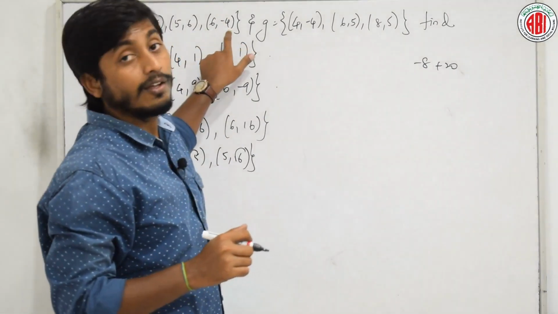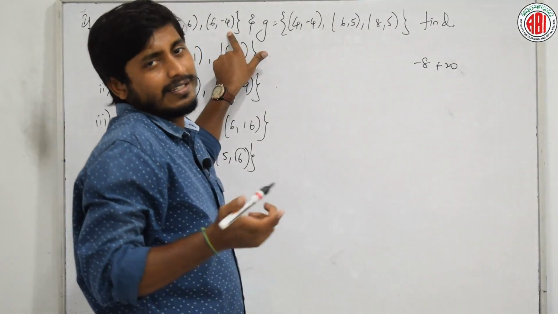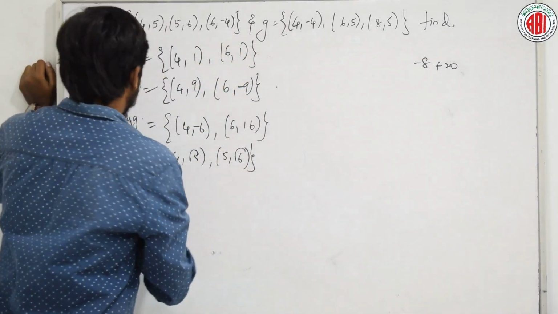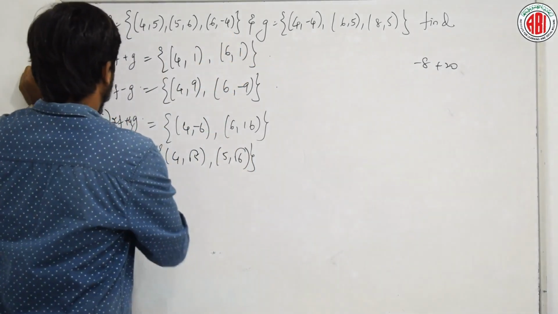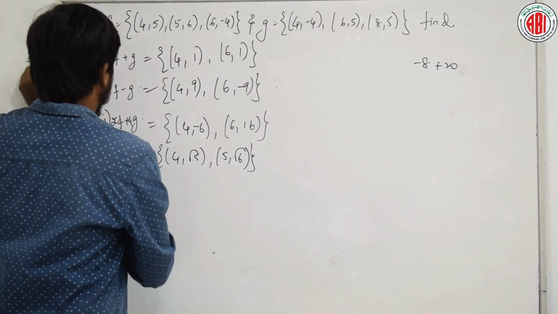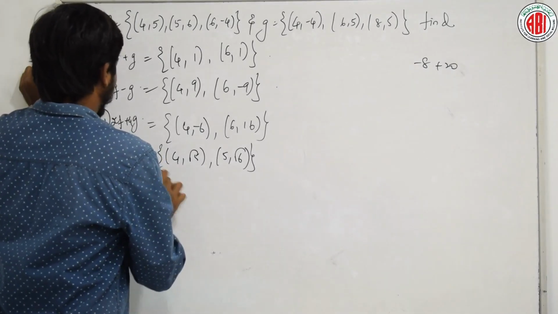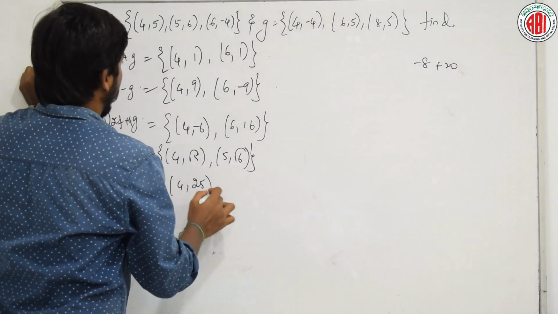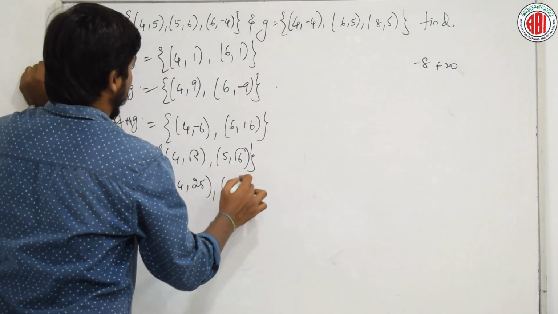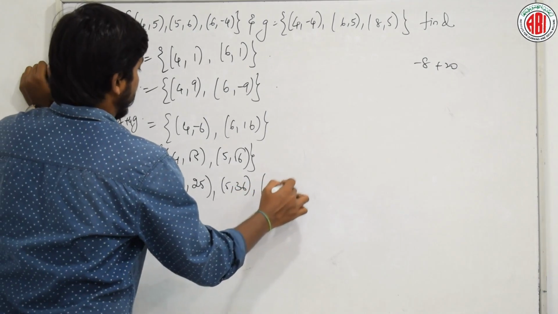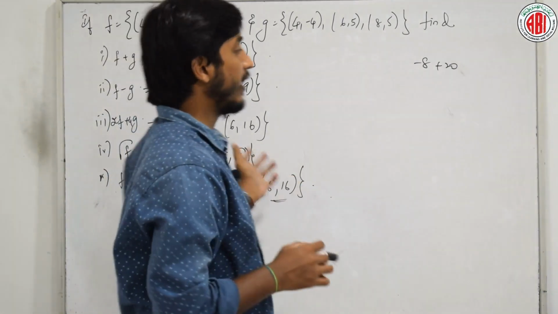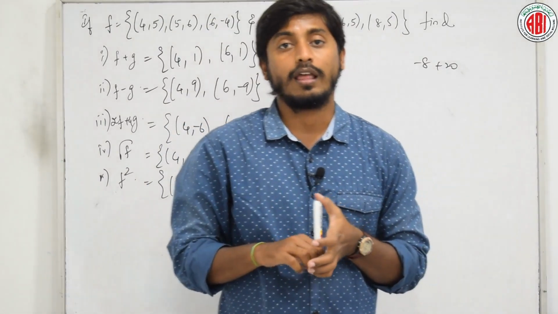Here it is root of minus 4. Since minus is not possible under the root, we will not write. Next, this is square root of f, right? Next is f square. I didn't observe. f square is (4, 25), (5, 25), (6, 16). Clear? Is it fine? Is it okay?